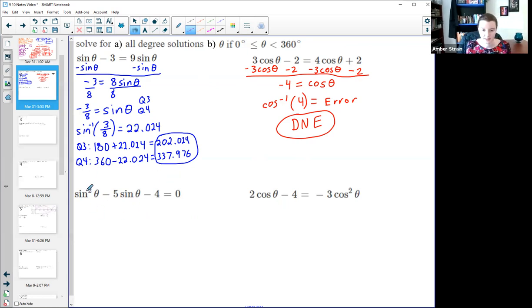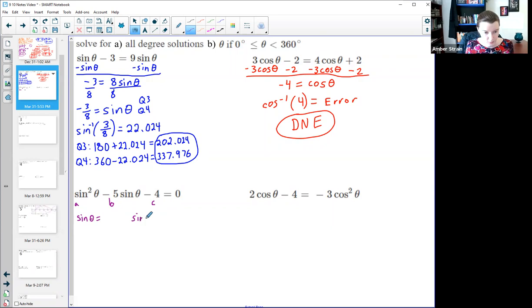Okay, now this one again, just like we did on the previous page, we can use our quad program. Our A would just be that understood 1, our B would be the -5, and our C would be the -4. So I go to programs, I go to quad, enter that in, 1, -5, -4, make sure to use that little negative, and it gives you the decimals. Okay, remember those are not your final answers, those are the answers for sine.